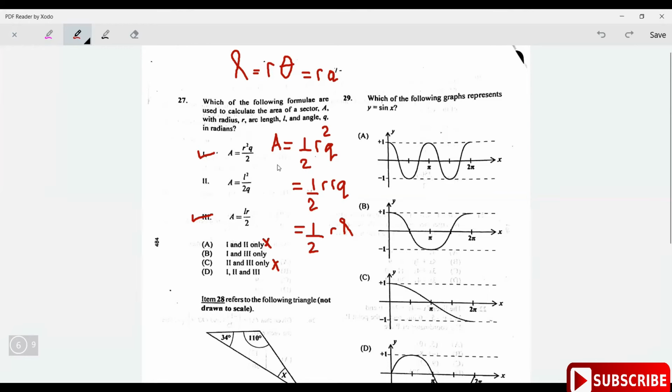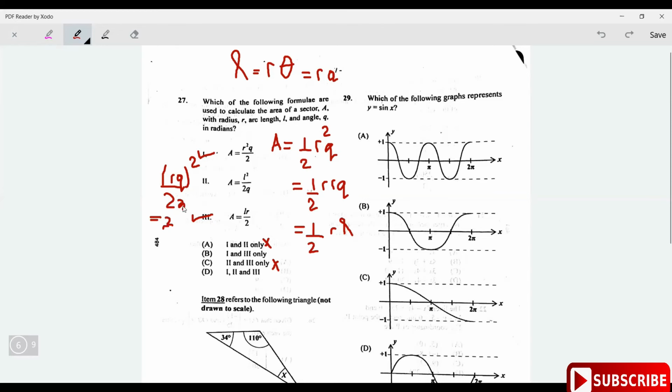To check it, I know that the area should work out to be half r squared q. So let's check this one. L is r times q. So we have (r times q) squared over 2q. What that would work out to be is r squared.